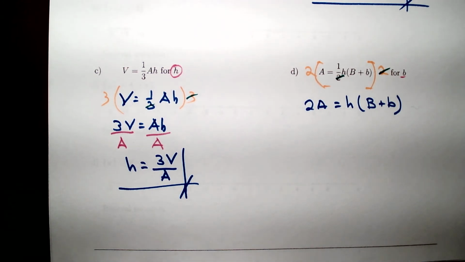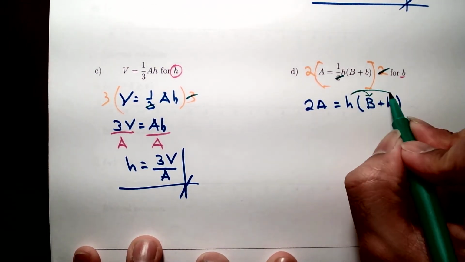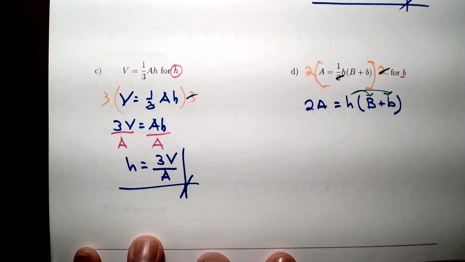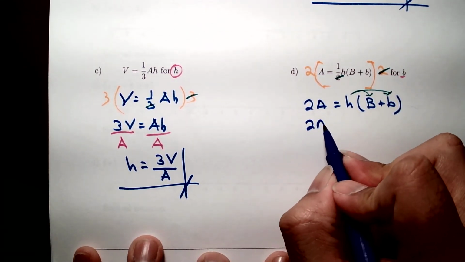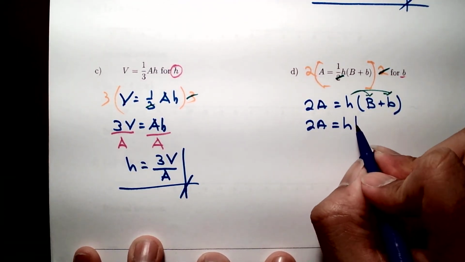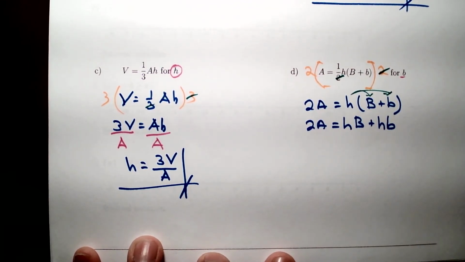The most natural one is to distribute, because that's typically what we do when we have parentheses. And that's fine. So that's going to be 2A equals little h big B plus little h little b.